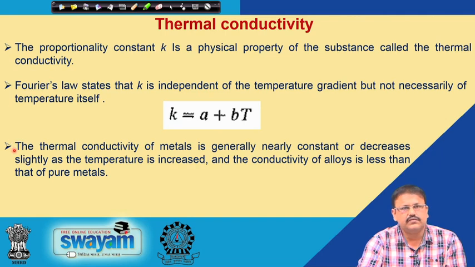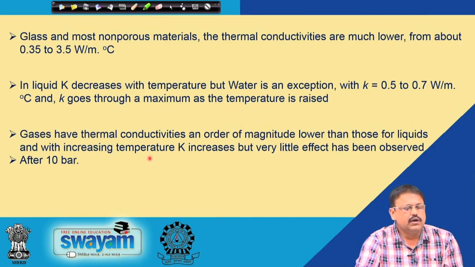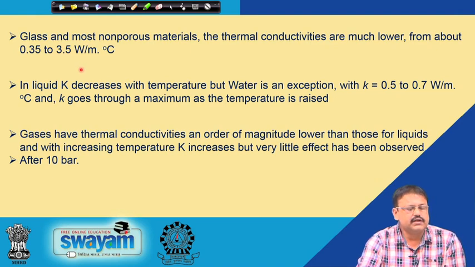The thermal conductivity of metals is generally nearly constant or decreases slightly as the temperature is increased, and the conductivity of alloys is less than that of the pure metal. In other cases, it is observed that for glass and most non-porous materials the thermal conductivities are much lower, from about 0.35 to 3.5 watt per meter degree centigrade, and that is why these materials are sometimes used as insulator materials.